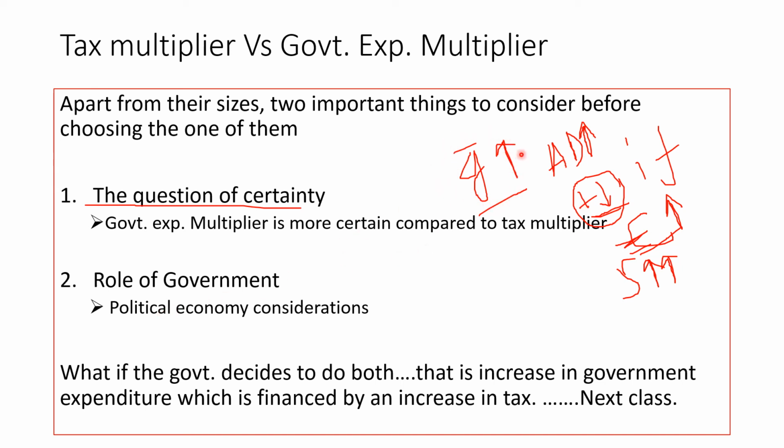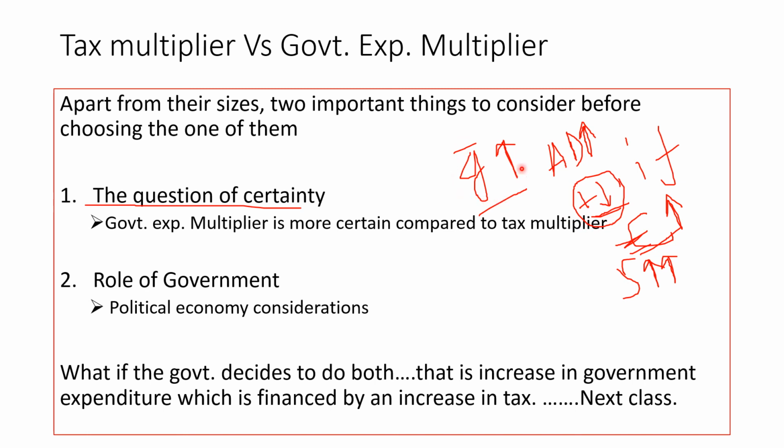A government expenditure increase is more for those who are in favor of more and more government intervention in economic activities. But if a government is more market oriented, who prefers more market involvement, it will take the tax cut policy, because there is a big political economy difference here.